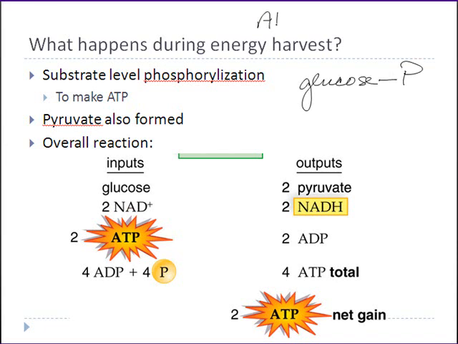Simple as that. And we get that phosphate from ATP. So we take an ATP molecule, we strip off one of the phosphate groups, we put that phosphate group onto the glucose, and we're left with ADP, adenosine diphosphate. Okay, so that's the first step.